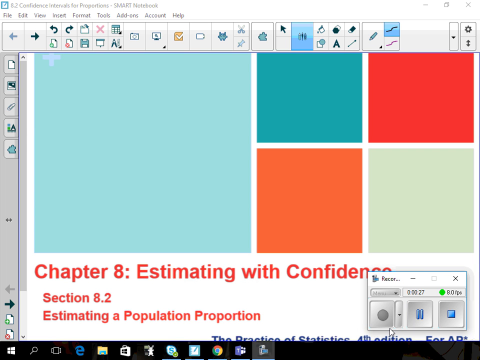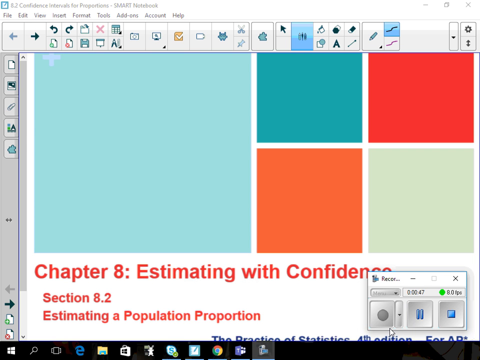Exactly. So it's a range of values with a certain percentage of confidence, whether it be 90% or 95, which is the most common if you remember. It's a range of values that we're pretty sure captures the population parameter.